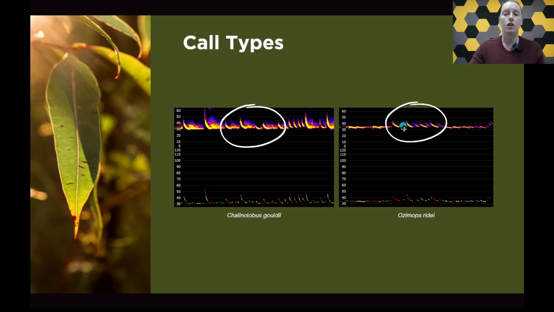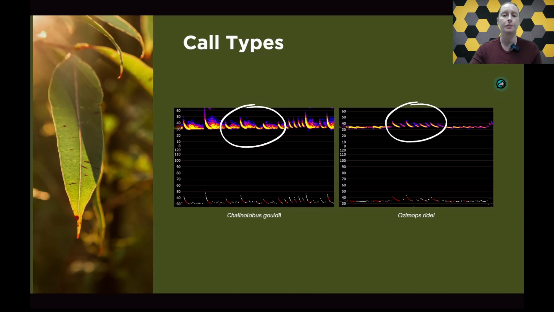But when you've got Ozymops doing an approach phase call, it can look extremely similar to the Chalinolobus gouldii call. This is why it's really important to set up your detector properly to ensure that you get full long echolocation passes so you can get this kind of context when you're IDing.